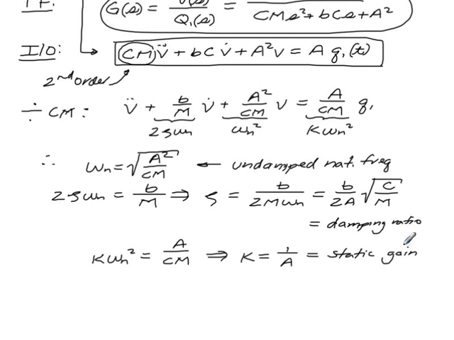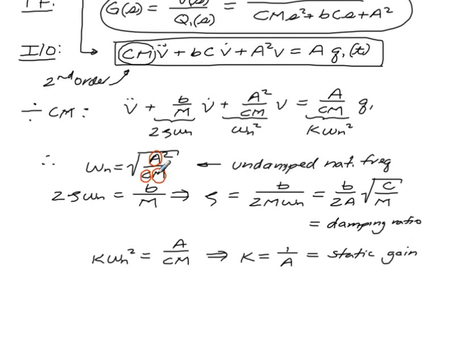Some things to observe here is that the natural frequency depends on the cross-sectional area A, the accumulator constant C, and as you might be expecting, the mass of the piston.